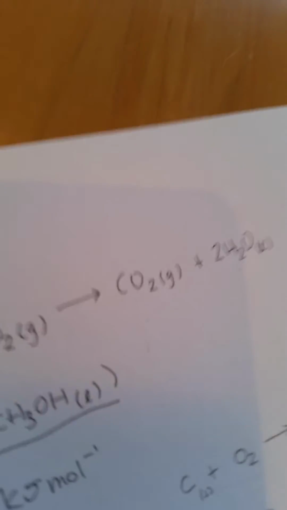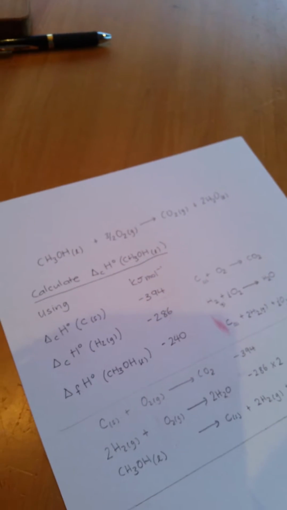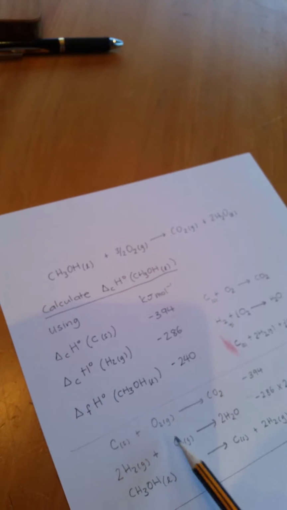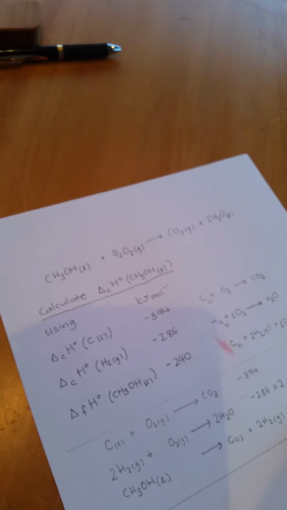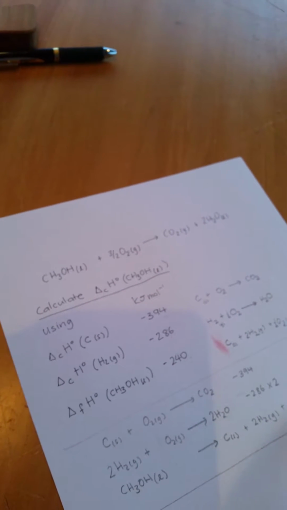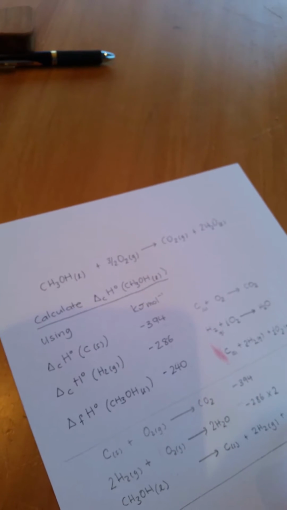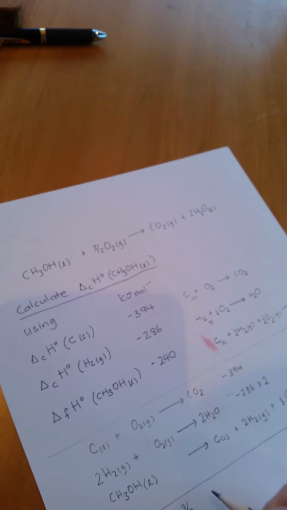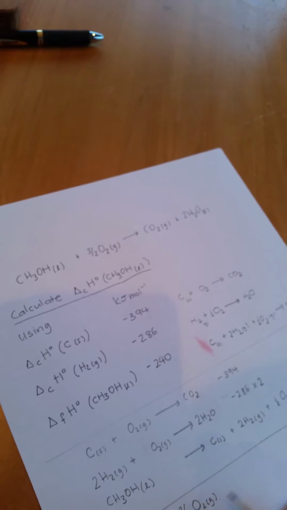And then we're going to draw a line underneath, and we're going to cancel out anything that's on both sides of the equation. On this side we've got 2 moles of oxygen, and on this side we've got half a mole. So 2 minus a half is going to be 3 halves of oxygen gas.